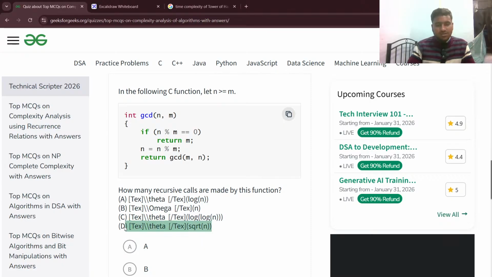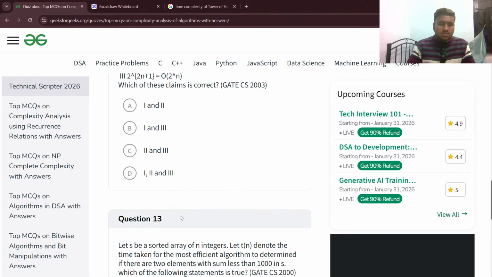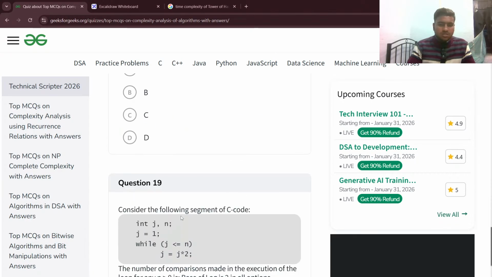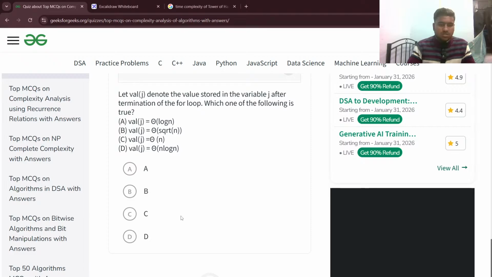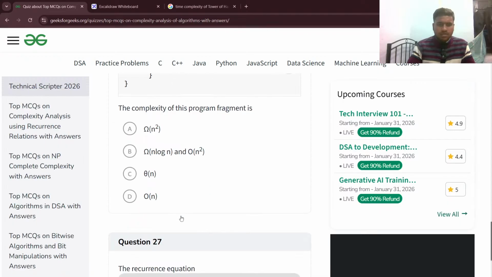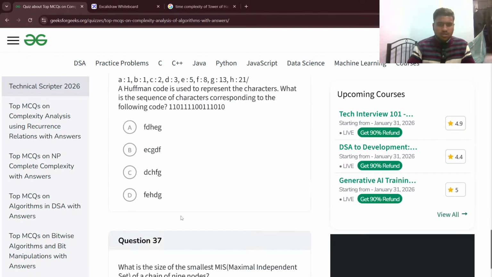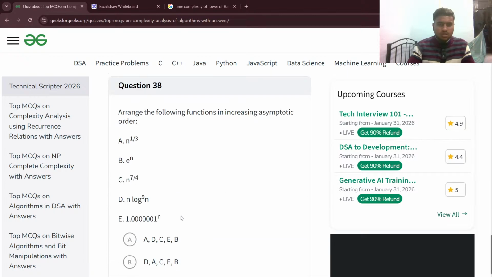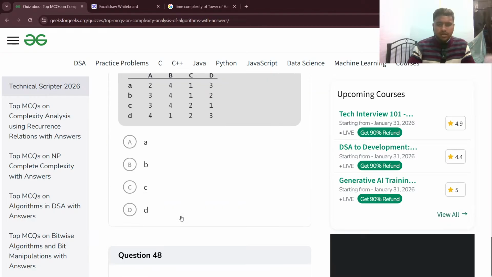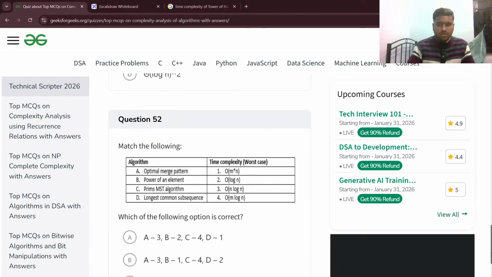What the hell is going on? The text is not properly designed. I don't know what the developer of this website is doing. So these are a lot of questions.